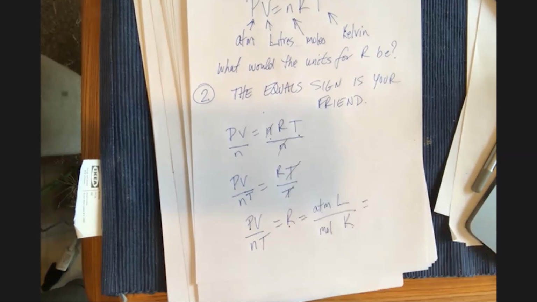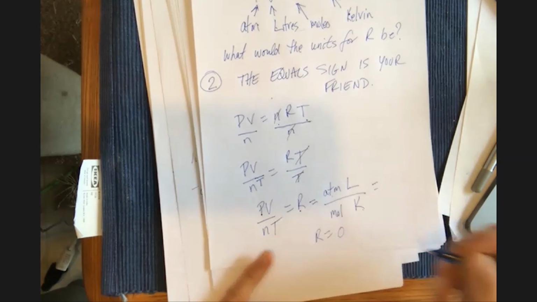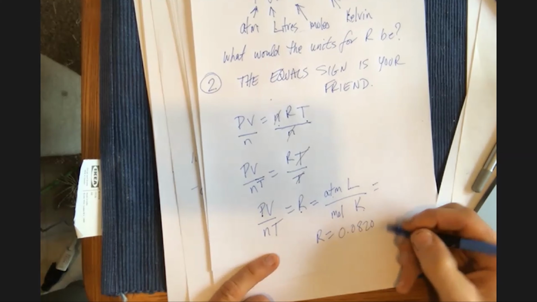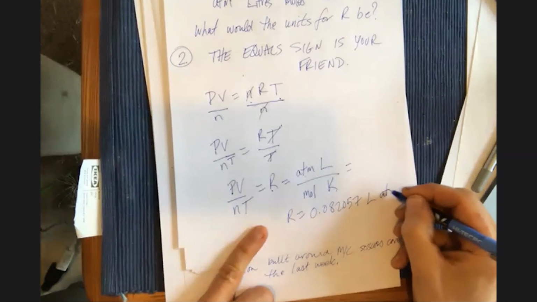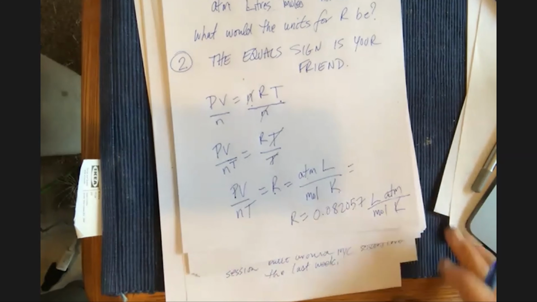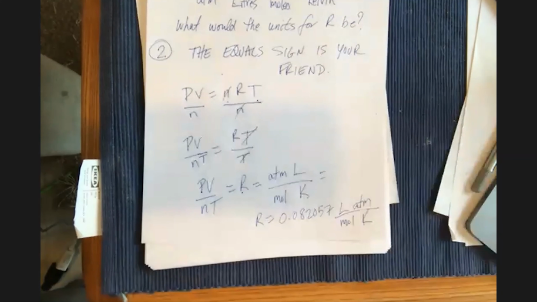And so if you look up a value for R, it is equal to 0.082057 liter atmospheres per mole Kelvin. So that's the equal sign is your friend.